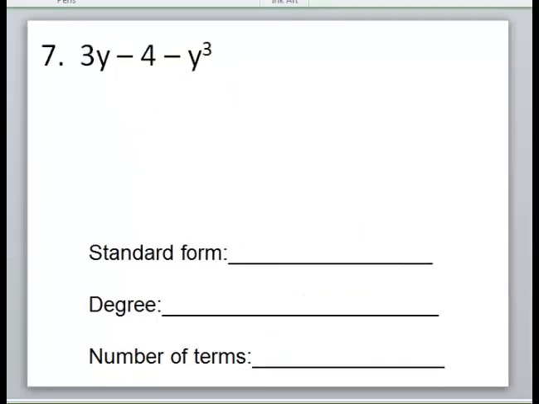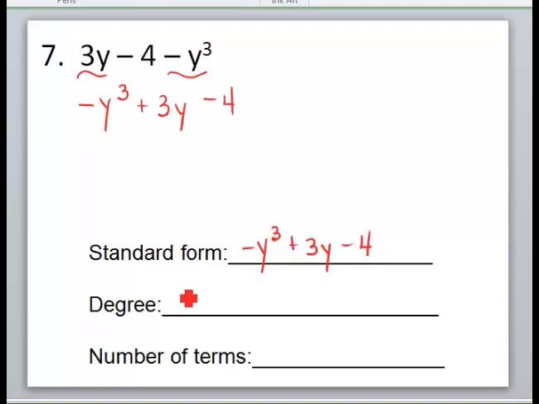Okay, looking at some more examples with this, we're going to write in standard form again. So standard form is the highest degree, and if I'm looking at the exponents, this is the highest degree. So I have a negative y to the 3rd, so I've used this one, the next highest degree would be this 3y, and it's a positive 3y, so I put plus 3y, and then I have this minus 4. So standard form looks like this: negative y to the third plus 3y minus 4.